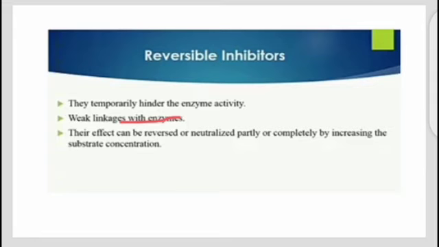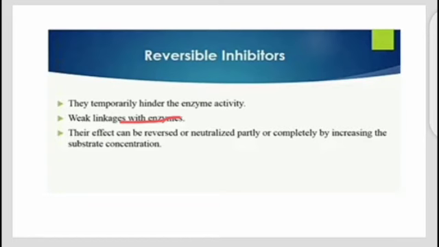It means that they sometimes attach themselves to the enzyme at the active site by forming a weak linkage, and after some time they detach themselves from the active site and now the enzyme can perform its activity just like normal. As the name indicates, their effect can be reversed or neutralized, partially or completely.